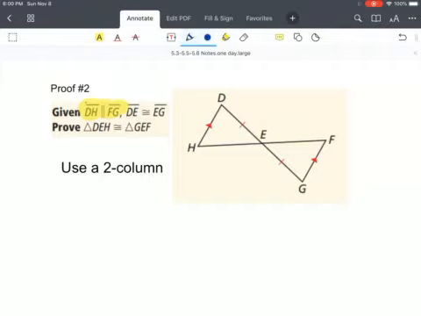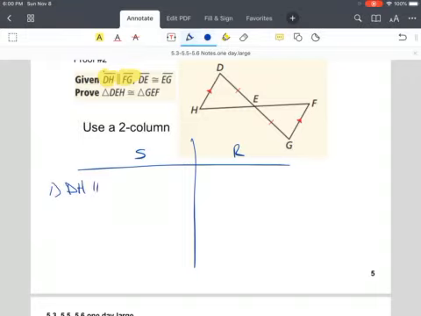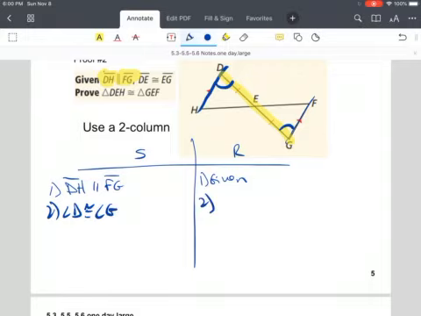So for this one, when I start with the fact that DH is parallel, that tells me with these parallel lines along my transversal, I'm going to get that angle D is congruent to angle G. And that is because parallel lines tell me that alternate interior angles are congruent.